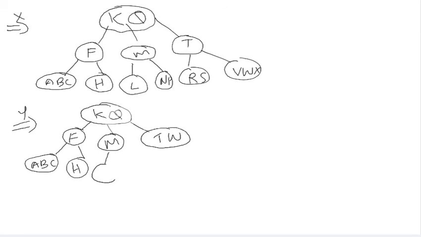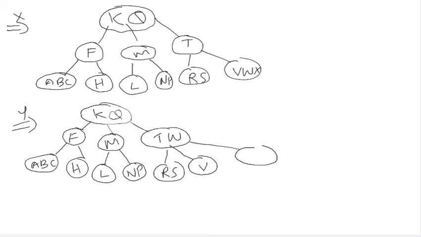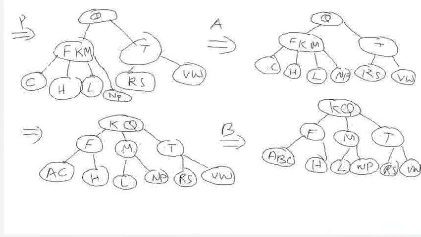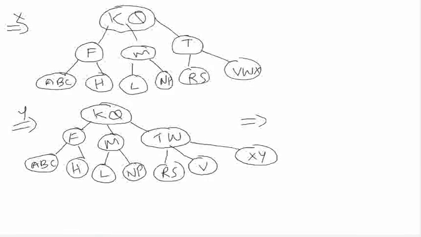So where will D go? D will come to the right of C. So B will move to F. Okay, so we have K, Q and F has one more key value, that is B, F. Then we have M here, then T, W, then to the left of this we have A, and right of this we have C, and now we can insert D here.